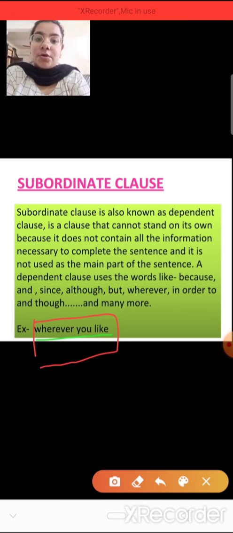Subordinate clauses are the same, but they have words like although, and, since, but, which make them incomplete without the main clause. If we do not add a main clause in front of the subordinate clause, then the meaning of the subordinate clause is incomplete.